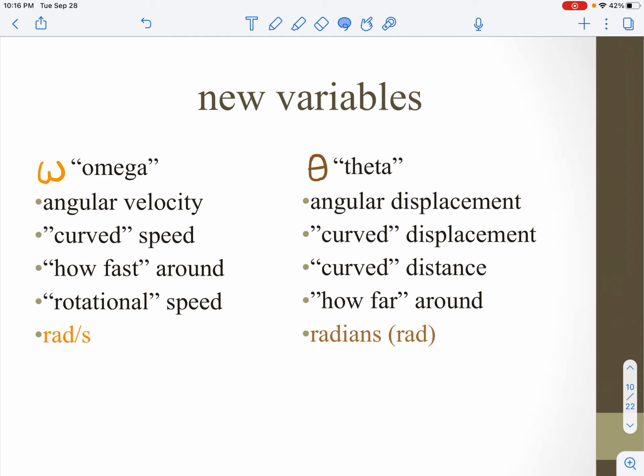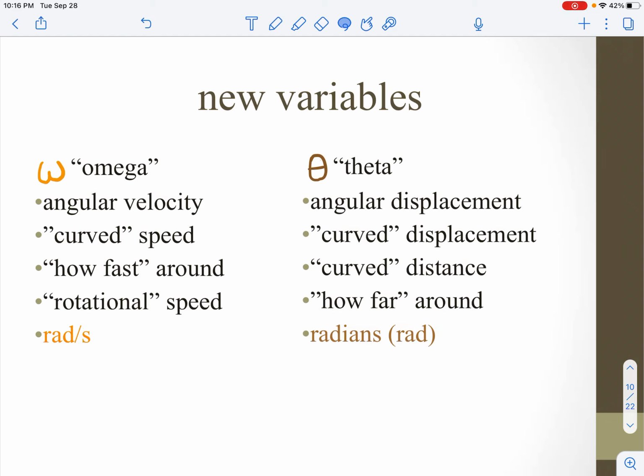Then we have our Greek letter theta, which we've actually seen before, but it is still fairly new and a lot of students are still learning what theta is. So theta represents the angle. And as we have reviewed, the angle basically tells me how much of the curved path we have traveled.